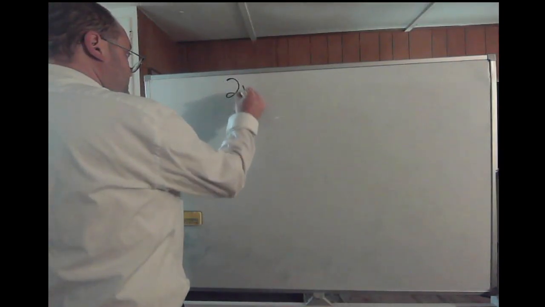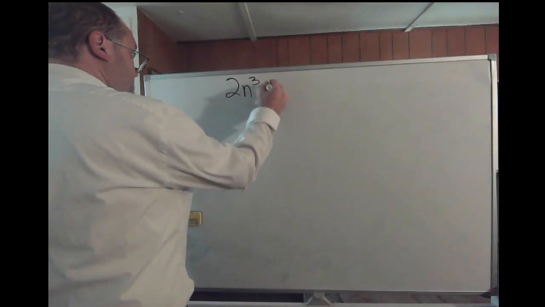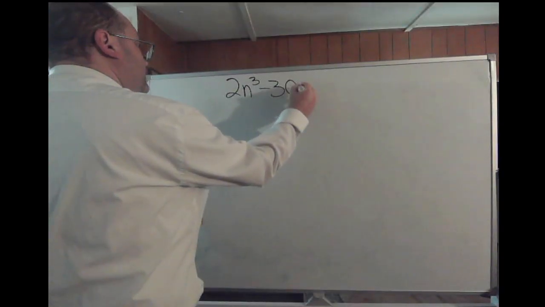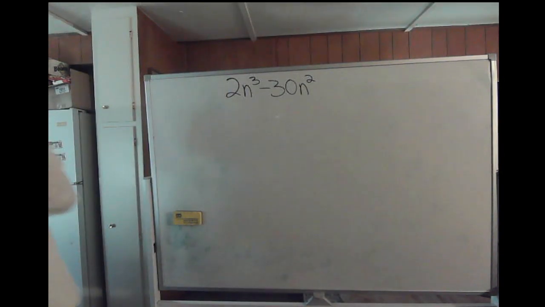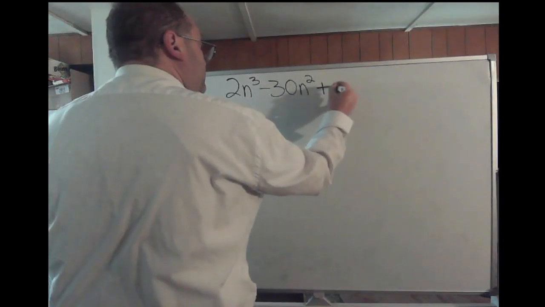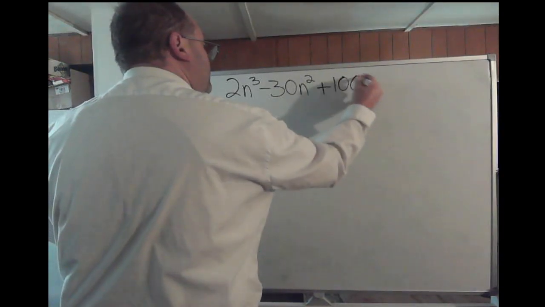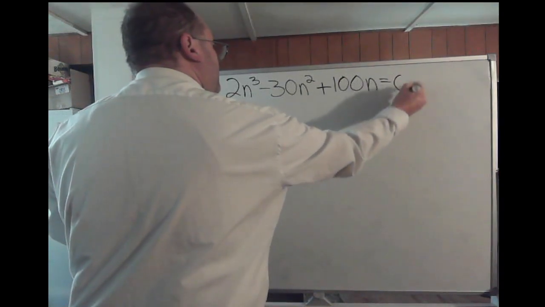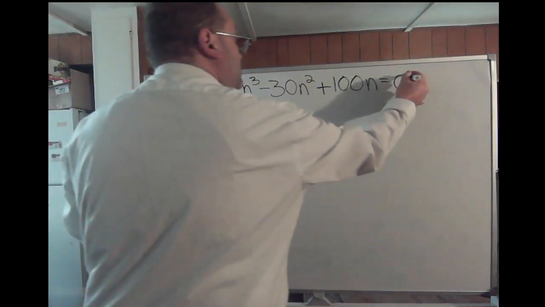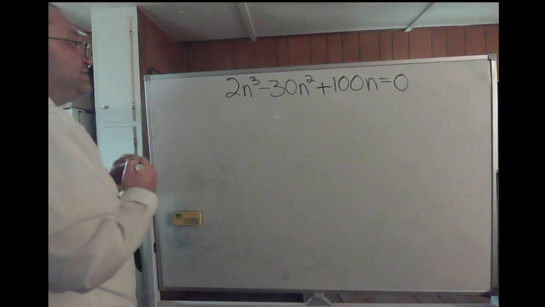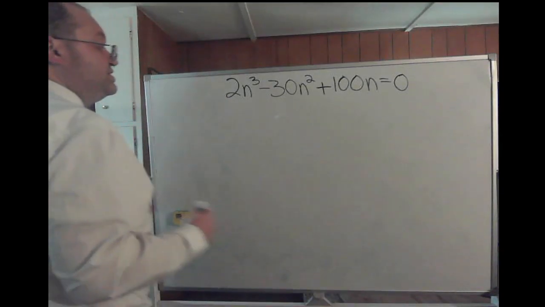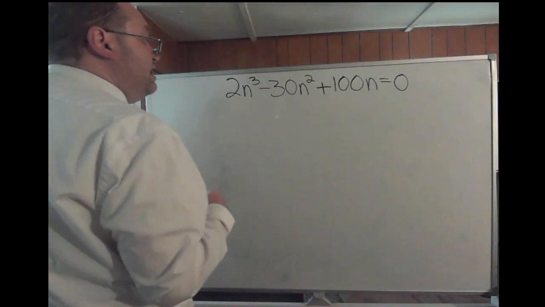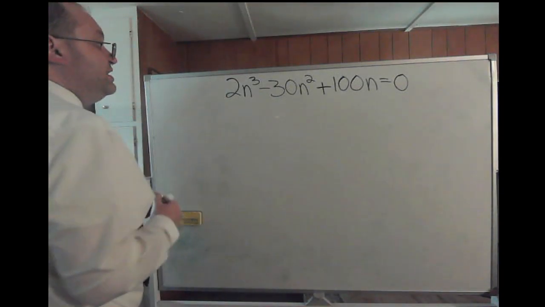See, 2n to the third minus 30n squared plus 100n equals 0. So we got 2n to the third minus 30n to the second plus 100n equals 0. Let's look for common factors we can pull out of the left-hand side.